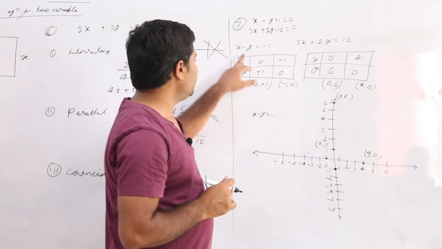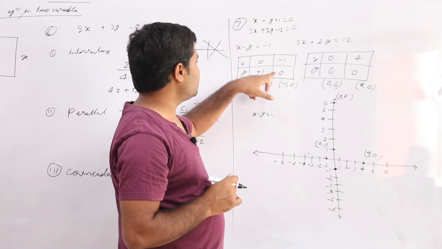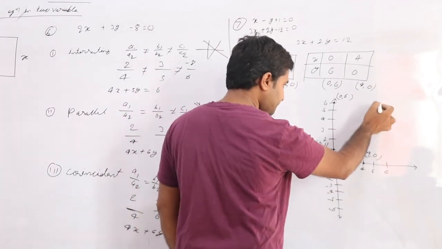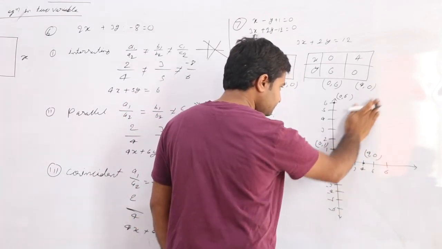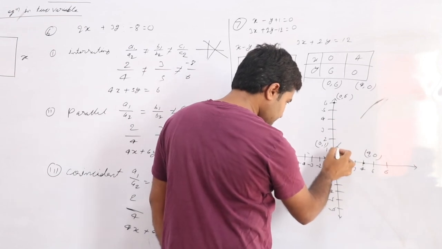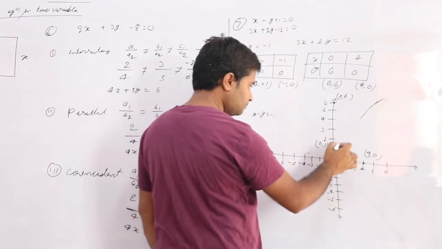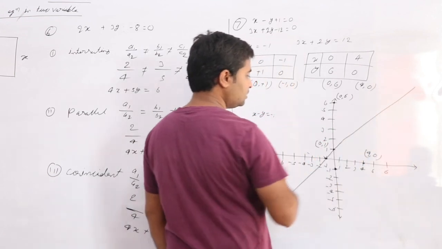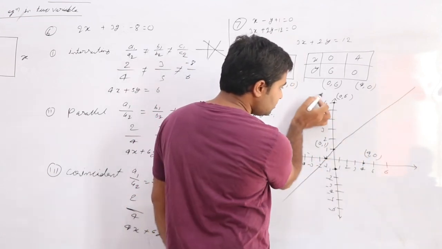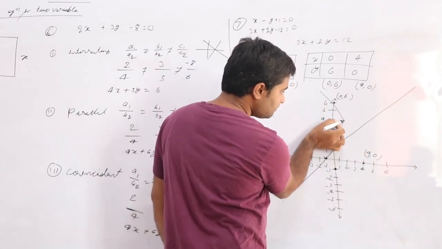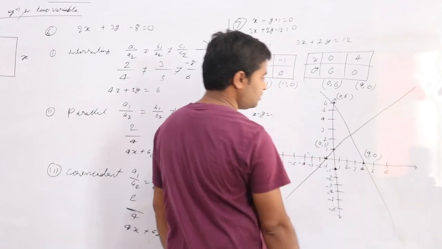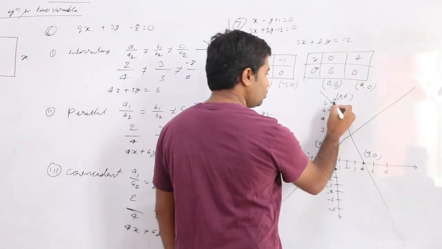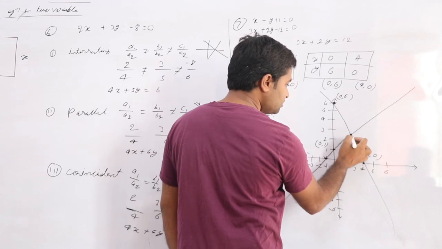Acha. When y is equal to 0, x is equal to minus 1. Correct. So this point, and these 2 points are correct. So 3 points.